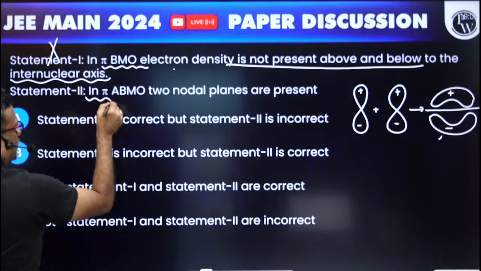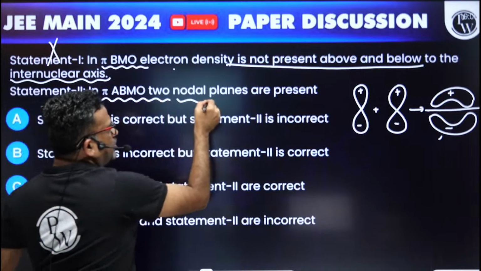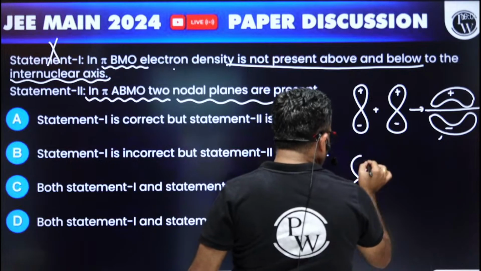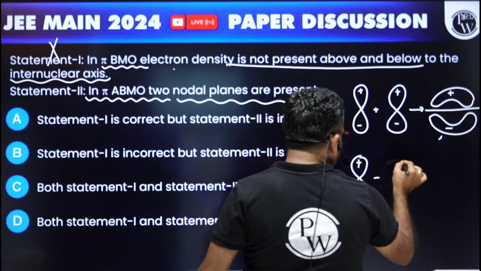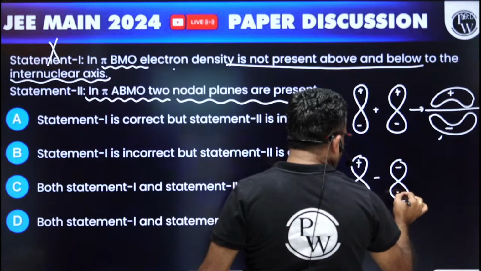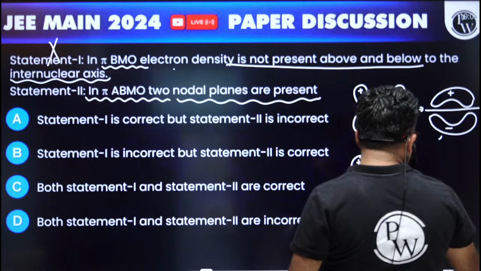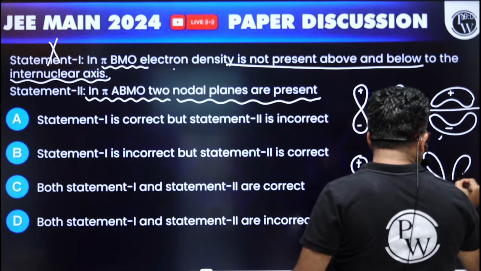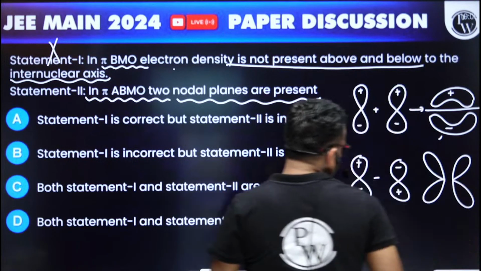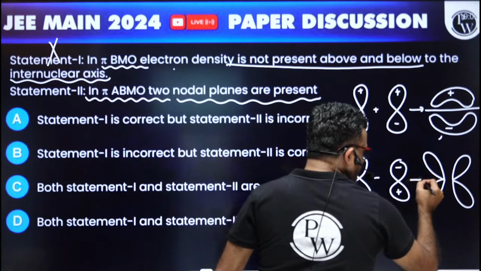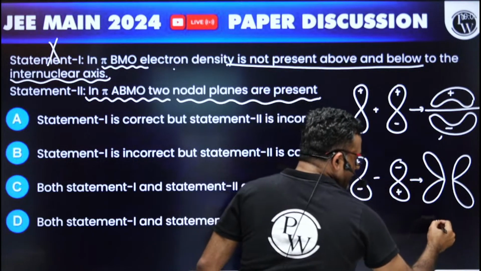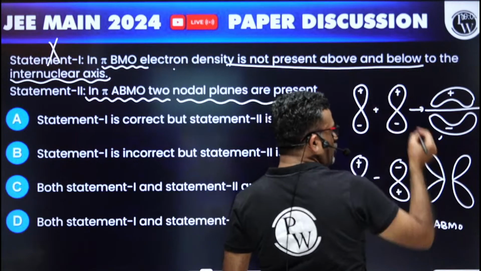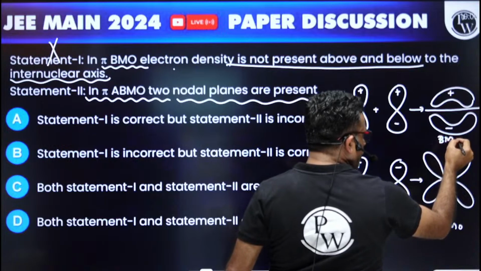What about statement 2? In pi antibonding molecular orbital, two nodal planes are present. In pi antibonding molecular orbital, if you consider plus and minus, an out of phase combination, you would be having 1, 2, 3 and 4. Is that clear? In case of out of phase combination, this is how antibonding molecular orbital is formed. In case of in phase or additive combination, this is how bonding molecular orbital is formed.